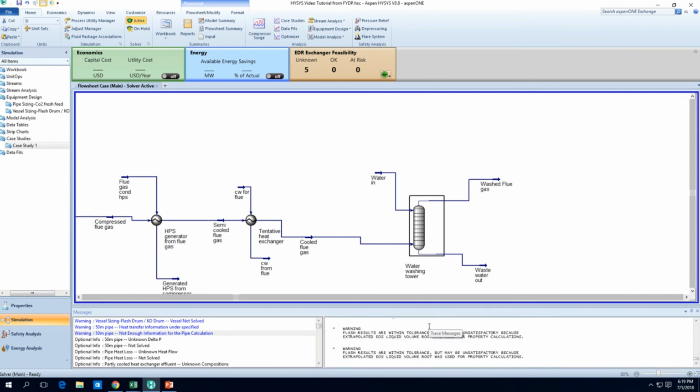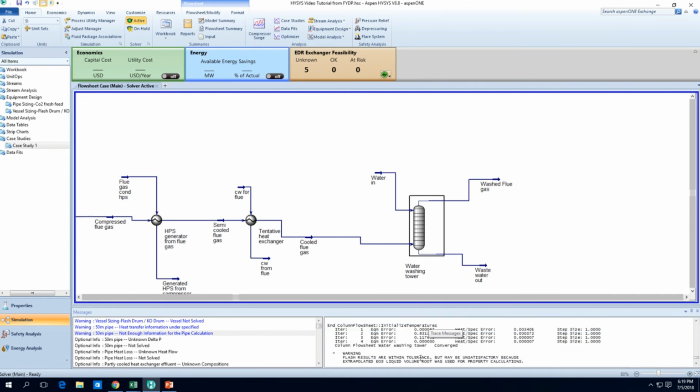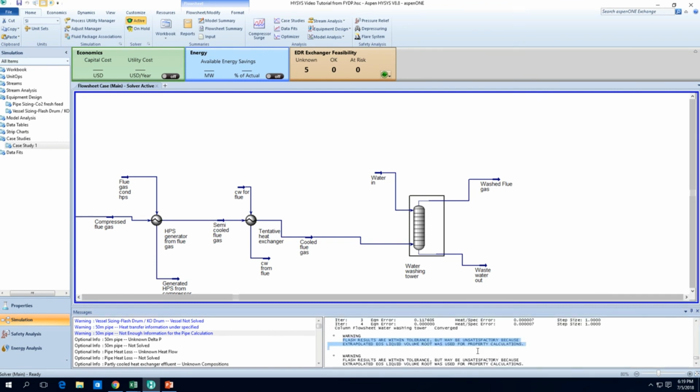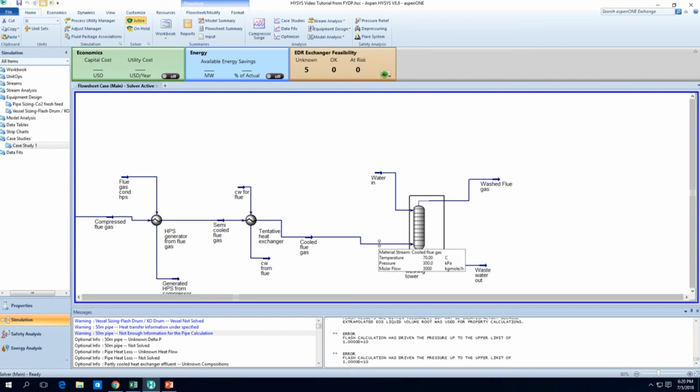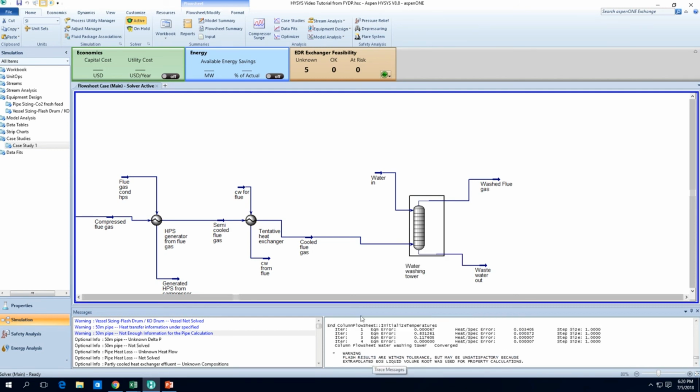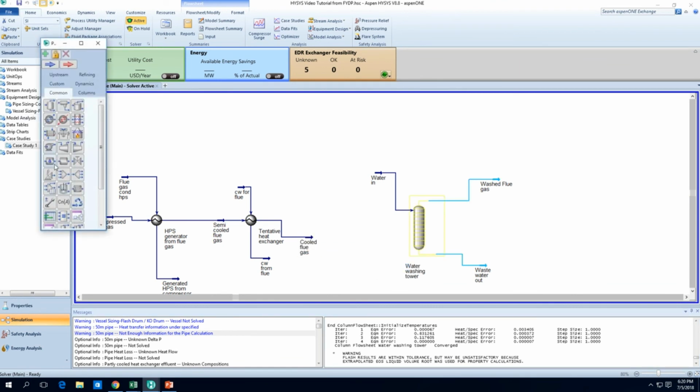Now take a look at this. Flash results are within tolerance but may be unsatisfactory because the EOS liquid volume was used for the liquid property calculations. Now sometimes you have this kind of warning, and you have this flash calculation has driven the pressure up to the upper limit. So what's going on here? Well, we can see that before we had that problem.